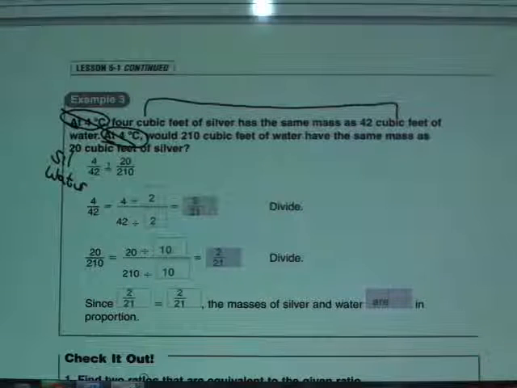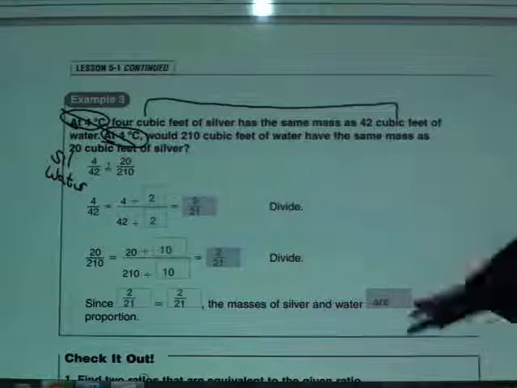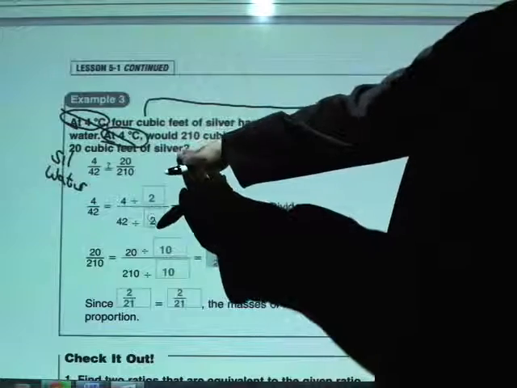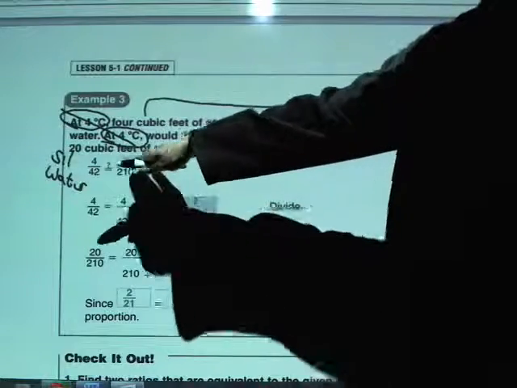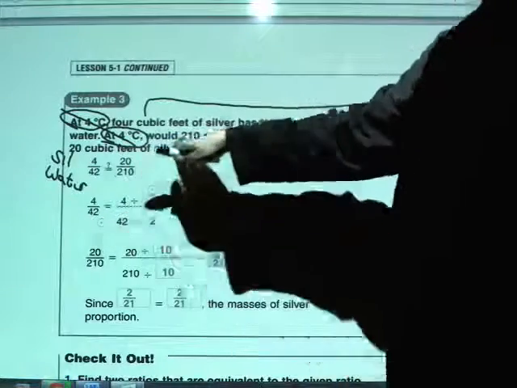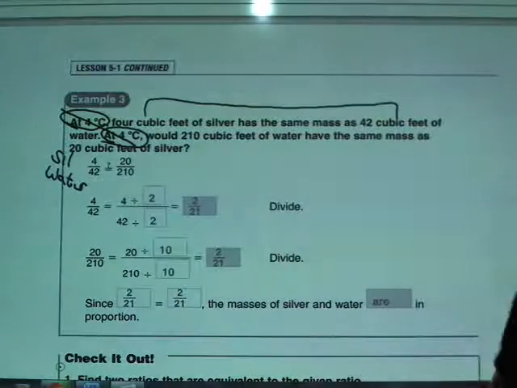Since I wrote silver over water on the left, I have to do the same thing on the right side there. So that's why they're writing 20 over 210. Yes, I understand that 20 came last in the sentence, but 20 represents silver, and silver is on the top. And the 210 is for water, and that's on the bottom, so it's got to be written on the bottom.